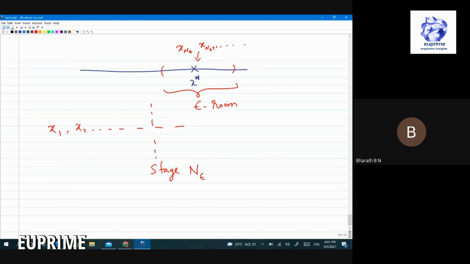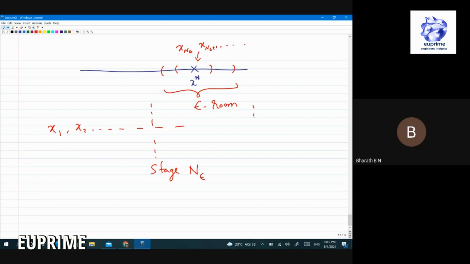So what extra condition do you need? If I make this room smaller, for example, epsilon by 2 room, I squeeze it. What happens then? Now there is a stage, well, perhaps the stage could come later.